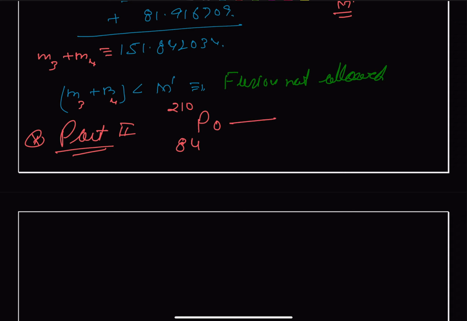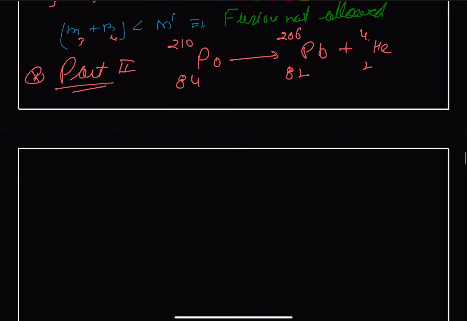It is going to produce a lead, which will be 82 and 206. Alpha decay, that is our helium 2 and 4. So let's find out their respective masses.